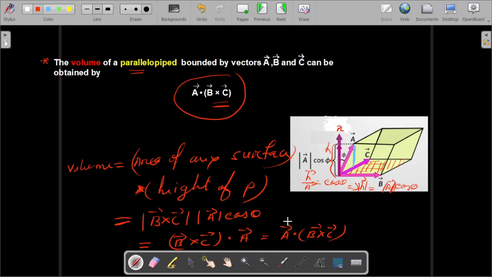The meaning is the same. That means this scalar triple product gives us the volume of a parallelepiped. That is the physical meaning of scalar triple product. Understood? All of you?